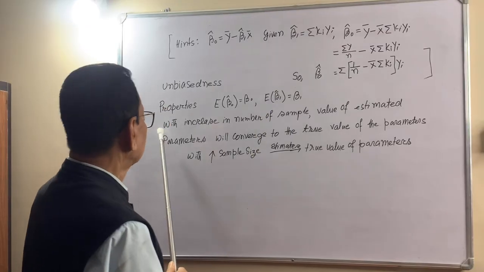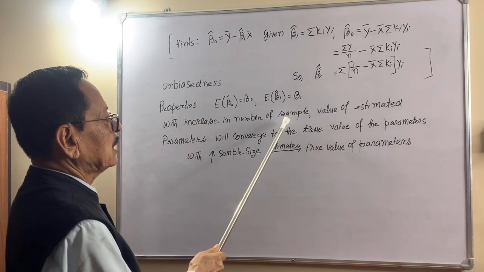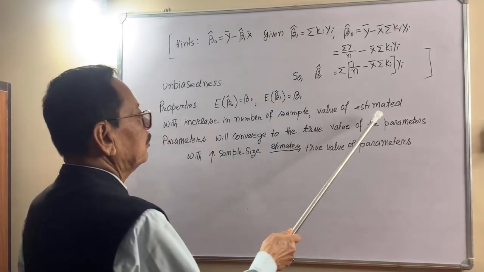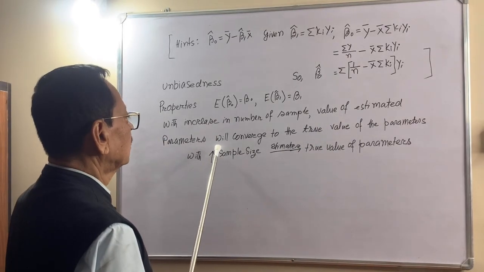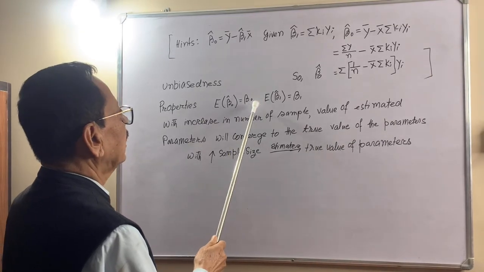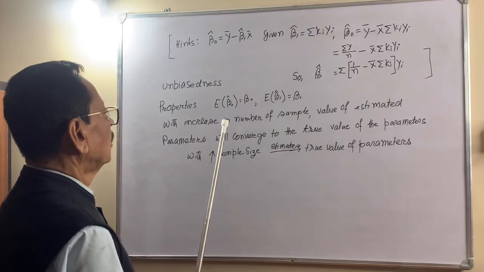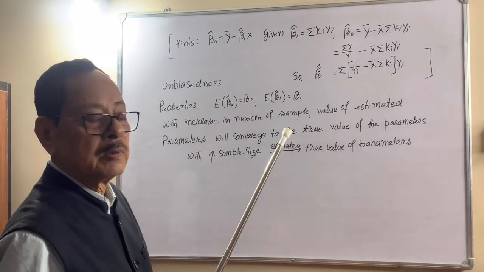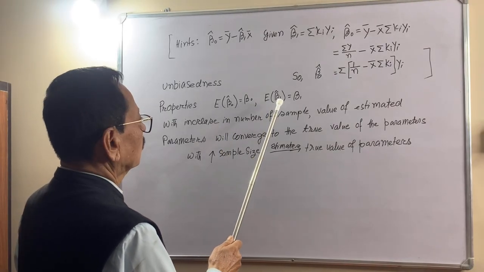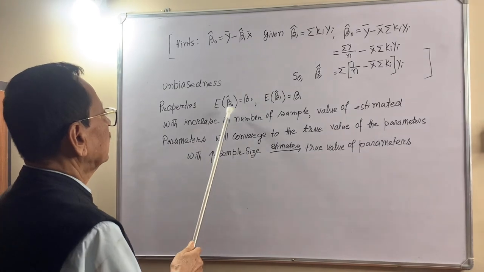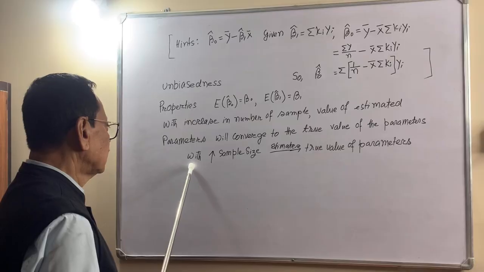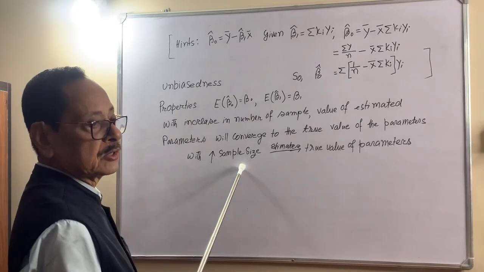This means that when the sample size is increased, the value of the estimated parameters will converge to the true value of the parameters.